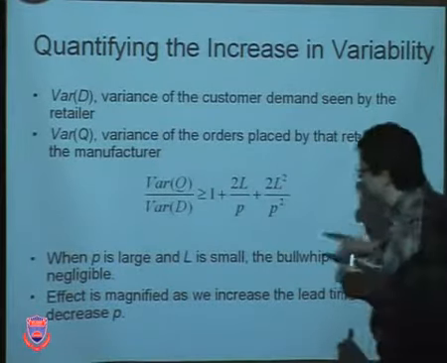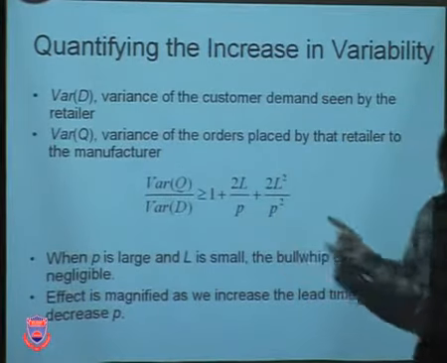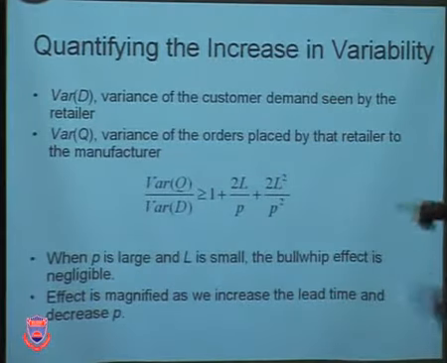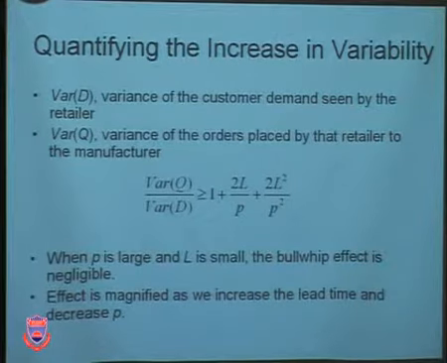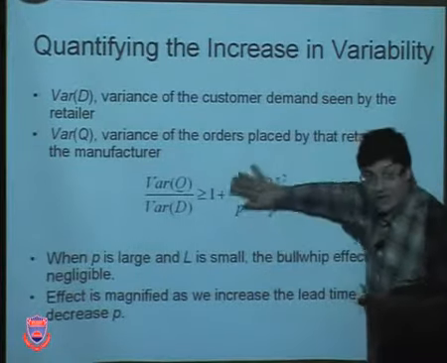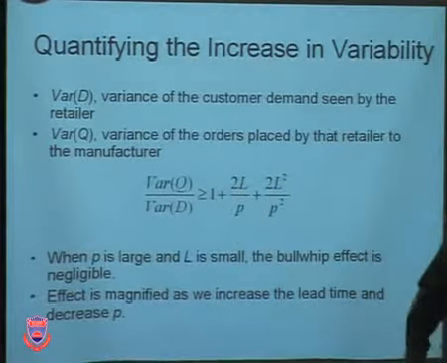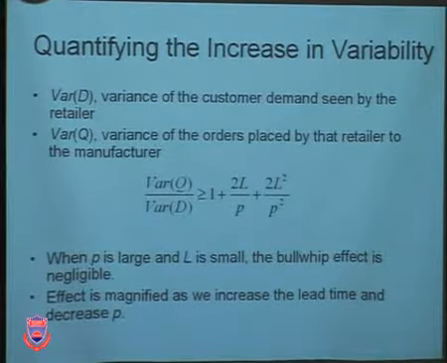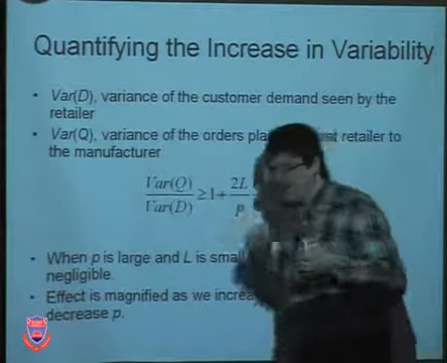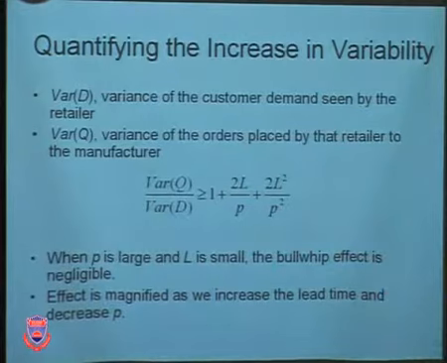Now you can see that if you have a P value that goes to infinity, under very standard conditions, these numbers are going to get very close to zero. But the problem is, in real life, the demands are never stationary. So having P infinity doesn't mean much, because this model assumes that you have stationary demand, but in real life there's always a trend, an increasing part, and so on and so forth.